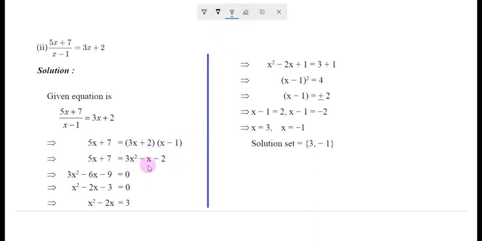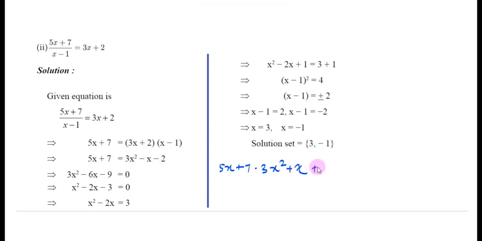Next, move this term to the left side. So I write here 5x plus 7, move this 3x square to the left side, so minus 3x square. Sign will be changed, so minus 3x square. So next plus x, here we go minus x, when it goes to the left side this will be plus x.